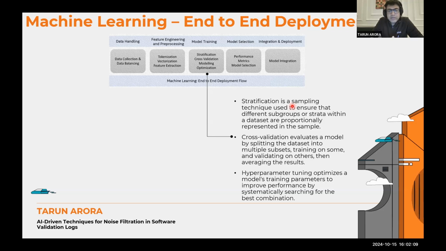So we have to make sure that while we are doing the balancing and the stratification, we retain the distribution of noise and error while we do the modeling part, right? Any machine learning model should make sure that we are handling the issues of balancing, specifically when we're talking about classification, right?